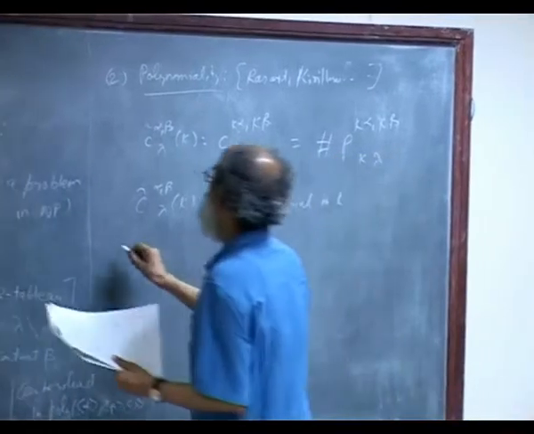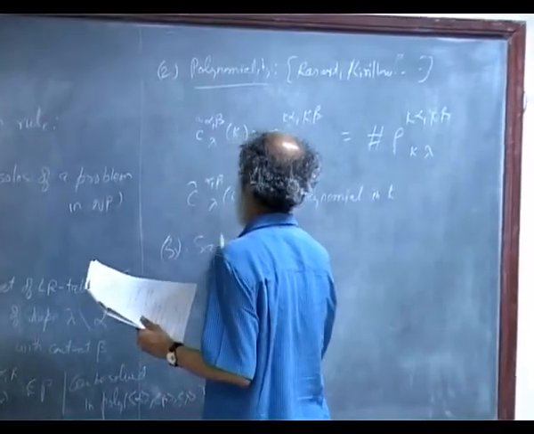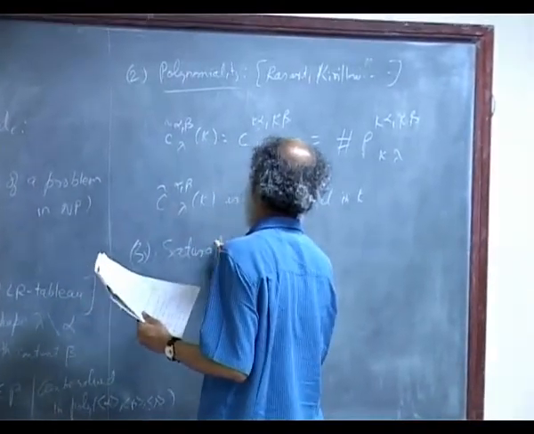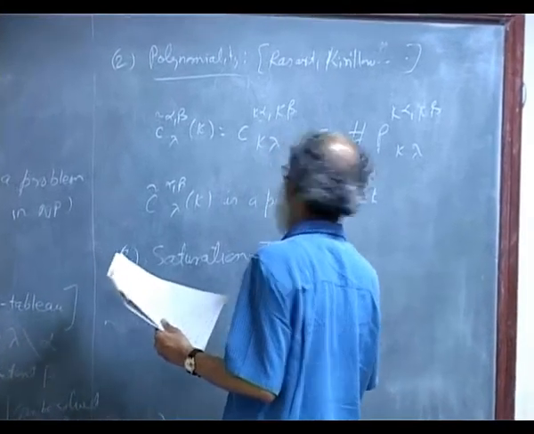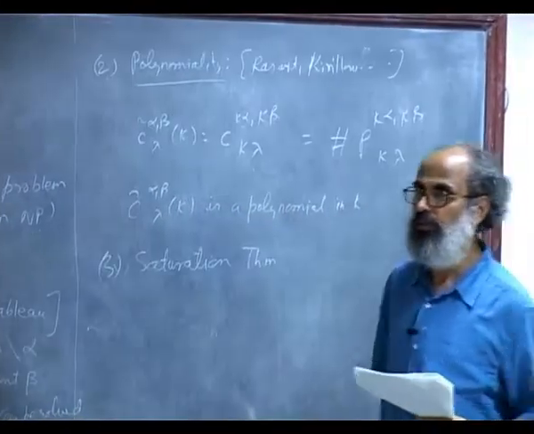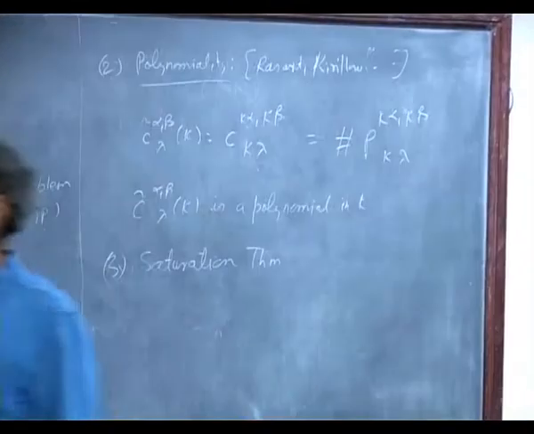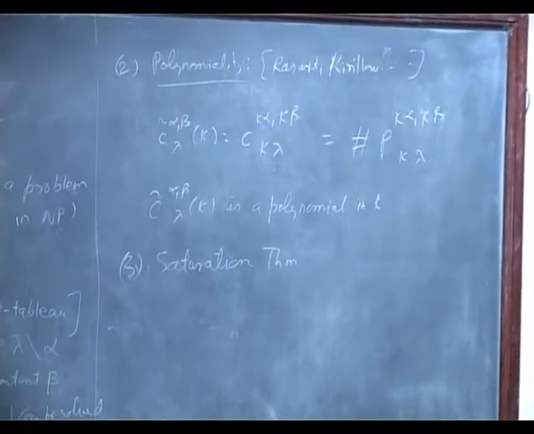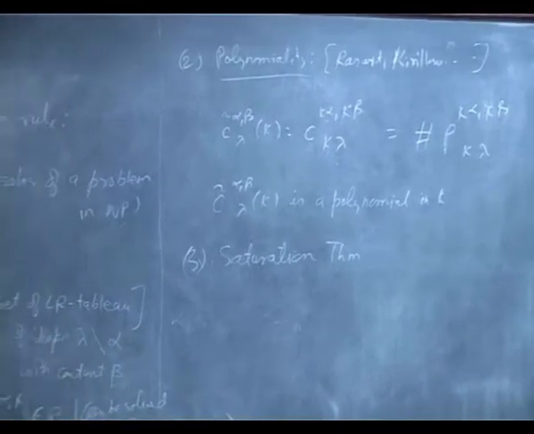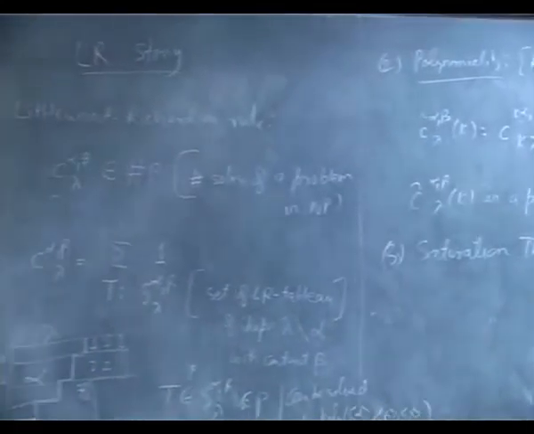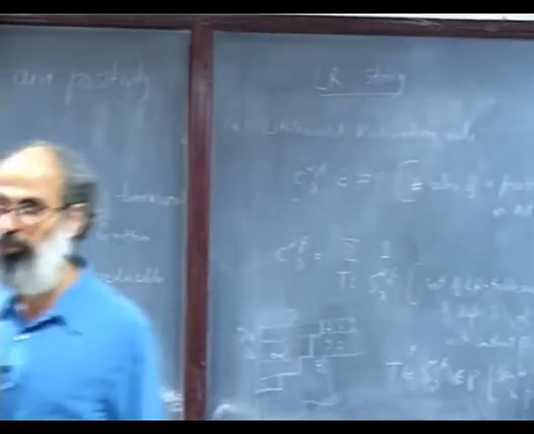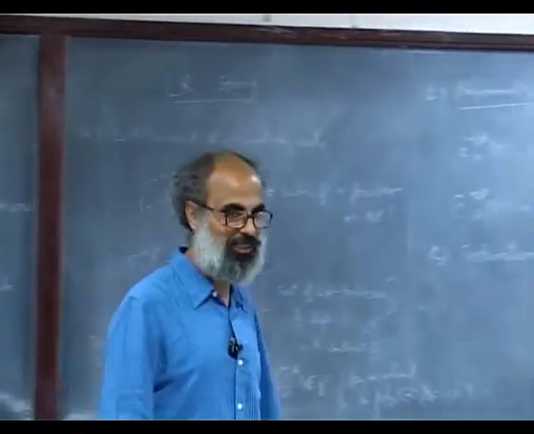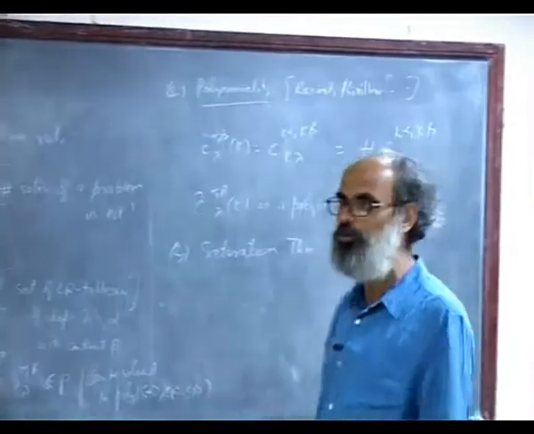And third is the saturation theorem. The number of integer points in k times P alpha beta lambda: by a general theorem by Ehrhart, that is a quasi polynomial. That's the Ehrhart quasi polynomial. But they showed that actually it's not just a quasi polynomial, it's a polynomial.